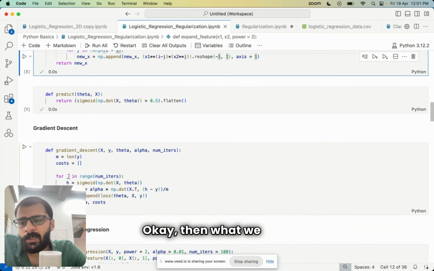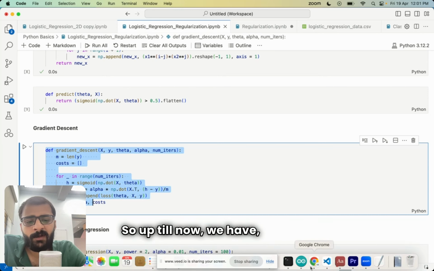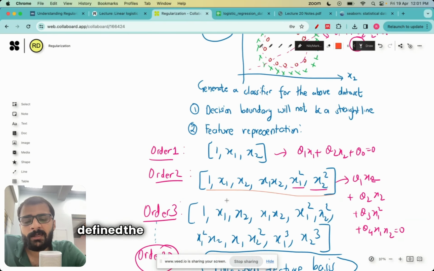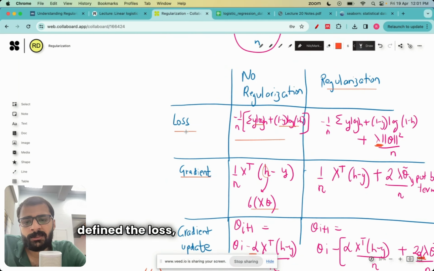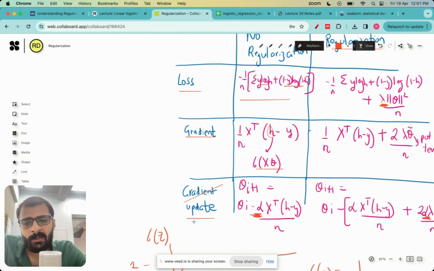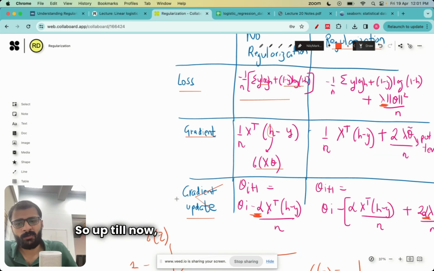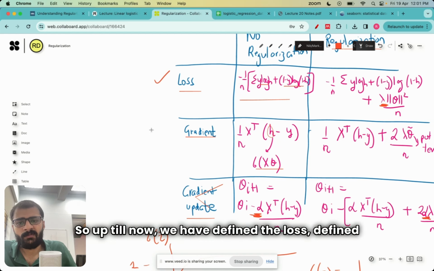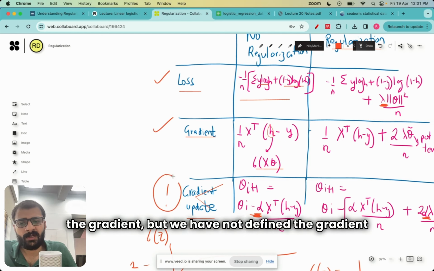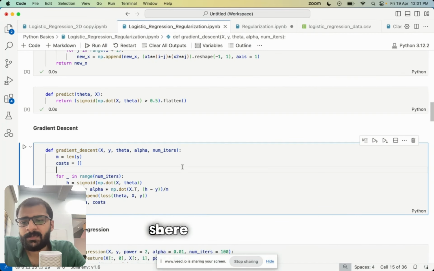Okay, then what we do is we define the gradient descent. Up till now we have defined the loss, defined the gradient, but we have not defined the gradient update. This is what we'll be doing now. So here is the function.